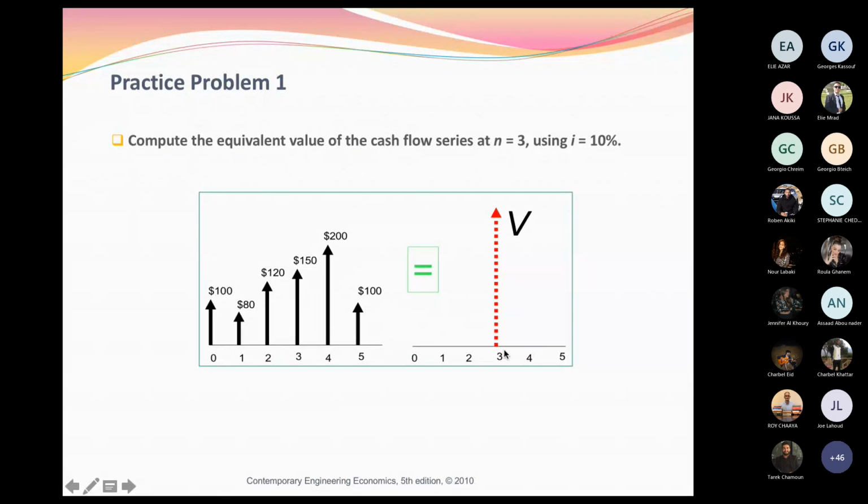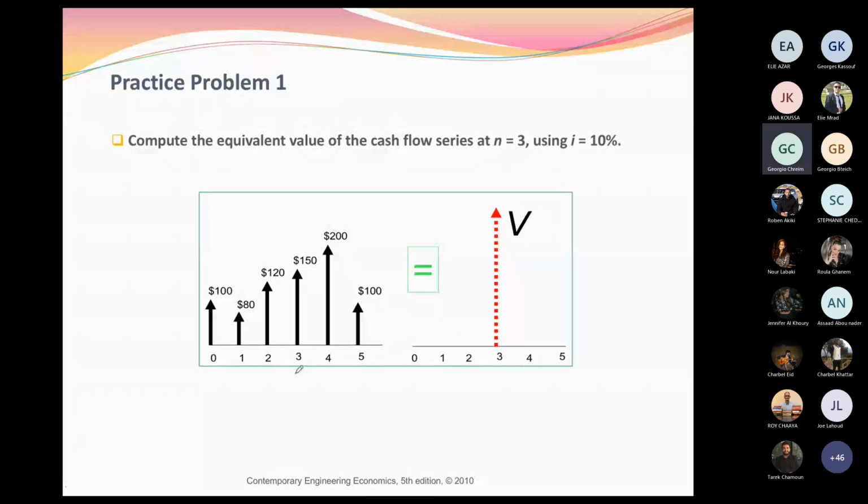You see these six transactions, I want to reduce them to 1 transaction that is economically equivalent to these 6 at end of year 3. Compute the equivalent value of the initial cash flow at 3 using an interest rate of 10%. Yalla, how to find V at 10%?